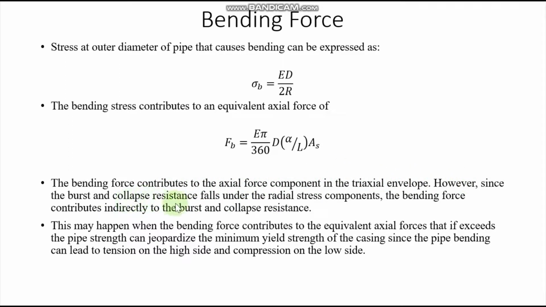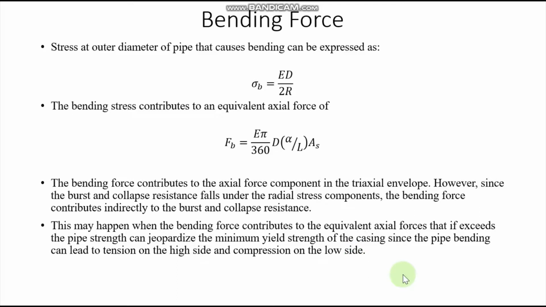However, since the burst and the collapse resistance fall under the radial stress component, the bending force contributes indirectly to the burst and collapse pressure. This may happen when the bending force contributes to an equivalent axial force that exceeds the pipe strength and jeopardizes the minimum yield strength of the casing, since pipe bending can lead to tension on the high side and compression on the low side.